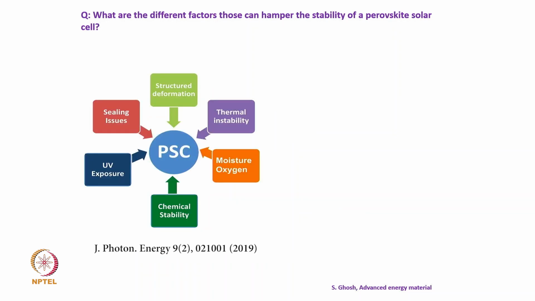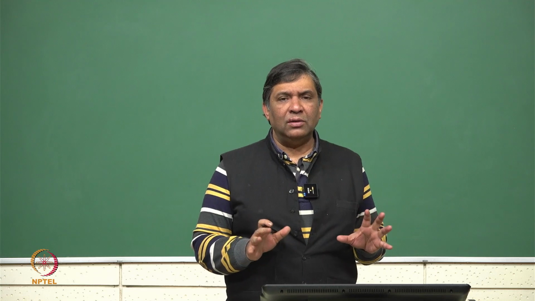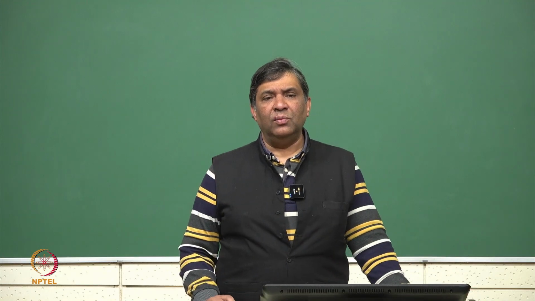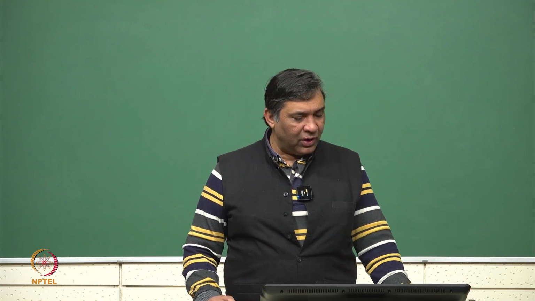perovskite. Now, I come to the last point: what are the different factors that can hamper the stability of perovskite solar cells. I discussed in detail. Let us look at the different components that destabilize the perovskite material and eventually reduce the stability of the perovskite solar cell.